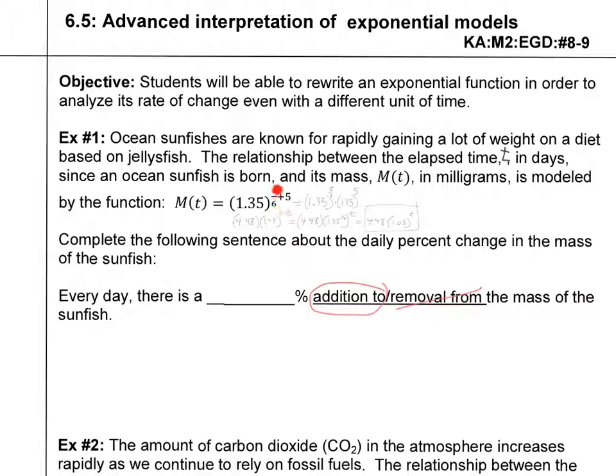Before, in order to get a 1, I don't even know what I could plug in, maybe a negative 24 or something like that. So it'd be really funky. Now I can plug in one day and get the change in just one day. So there is a 5% addition to the mass of the sunfish.